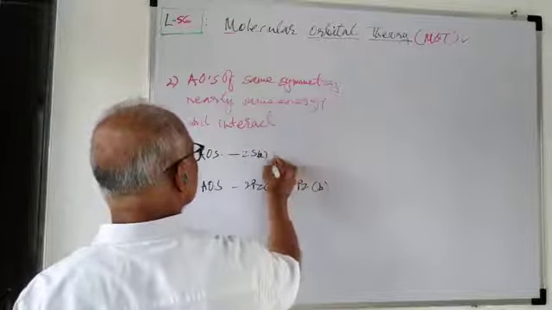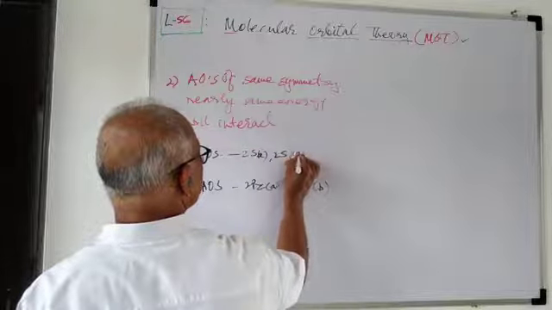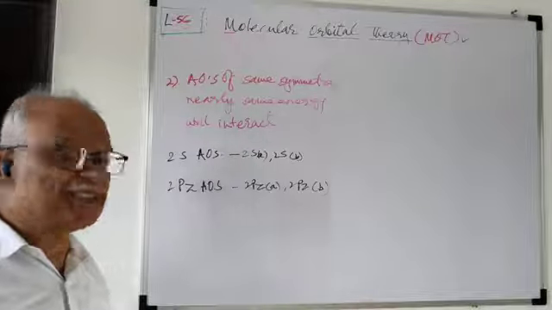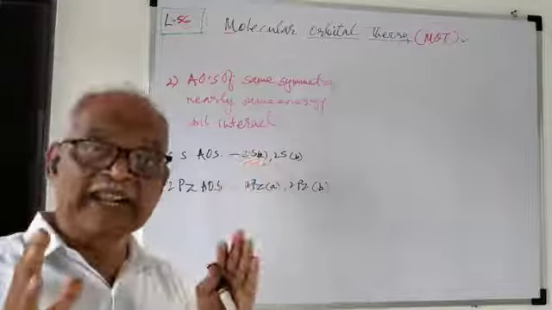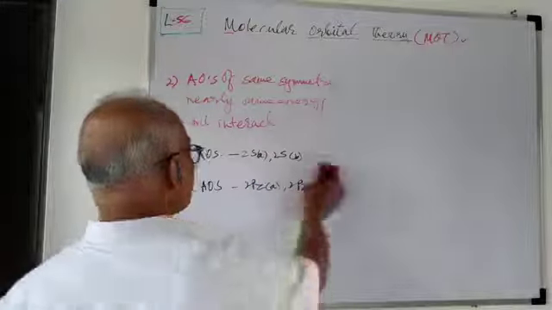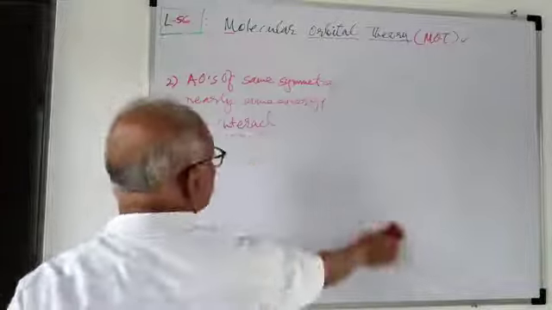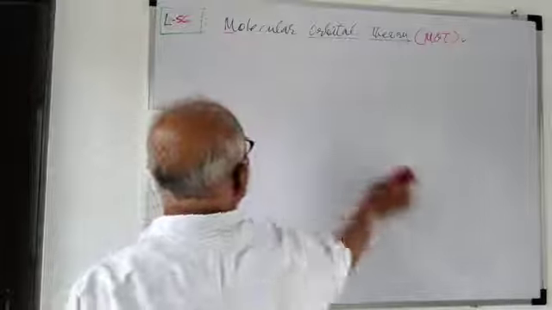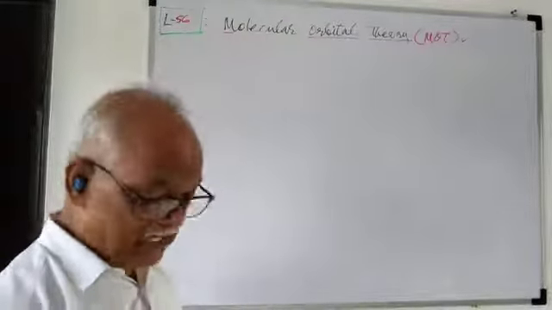So in this way there are four such atomic orbitals having same symmetry and nearly same energy. So they will undergo interaction and they will produce four molecular orbitals.